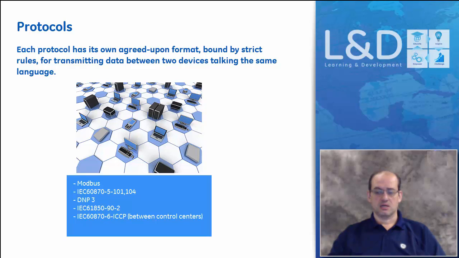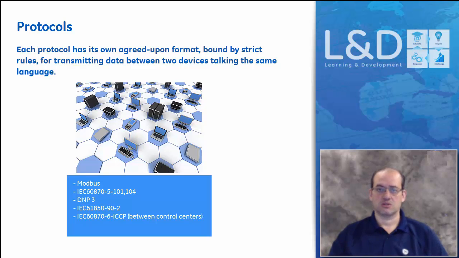So the ICCP protocol, the DNP, the 61850 are becoming more and more common, and utilities are trying to move toward a single protocol that serves the need of the entire utility.